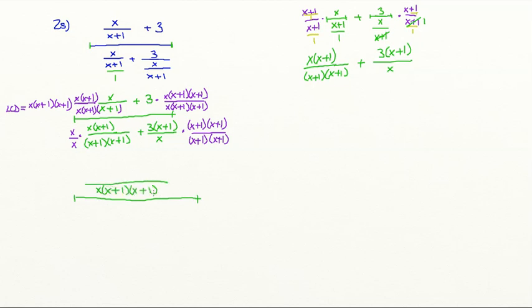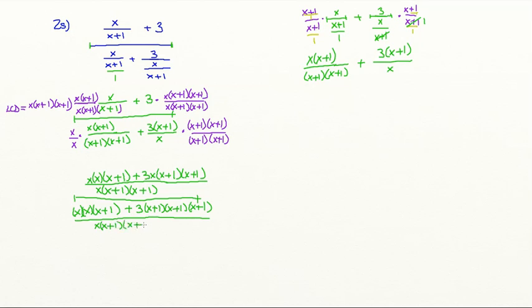My numerator of the top, we have x times x plus 1 plus 3 times x plus 1. There are a lot of x plus 1s everywhere here.